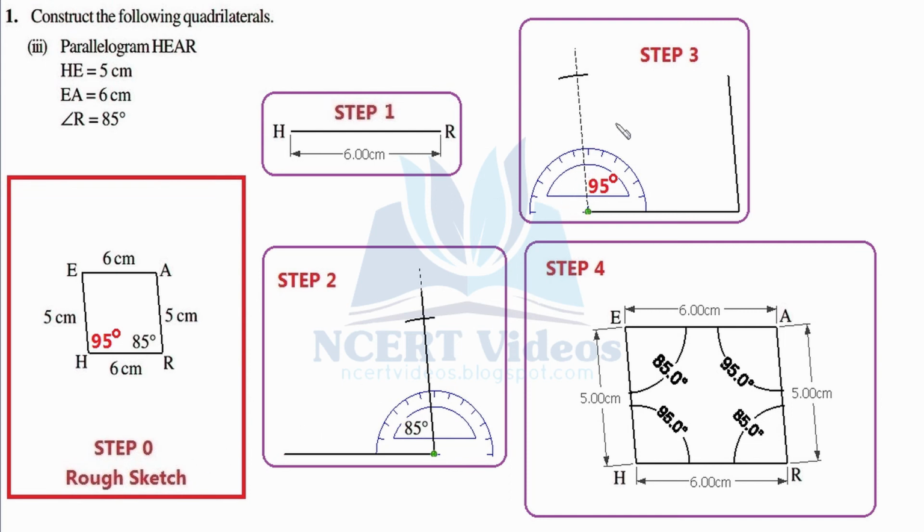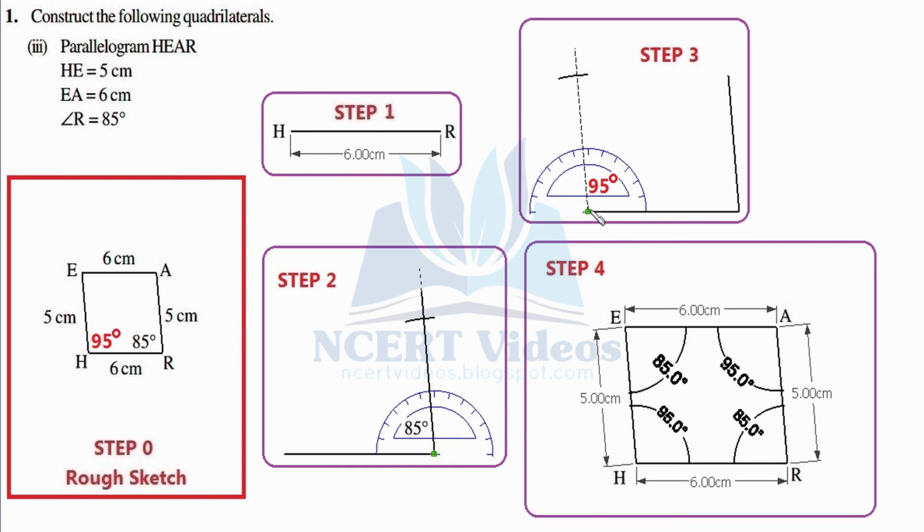Again, we will perform 2 steps in step number 3. First of all, we will mark with the help of a pencil 95 degrees over here. Then we will use our ruler, and using these 2 points we will try to construct this dotted line. And then we need not readjust our compasses because it is already set to 5 centimeter, and we know that measurement of EH is also equal to 5 centimeter.